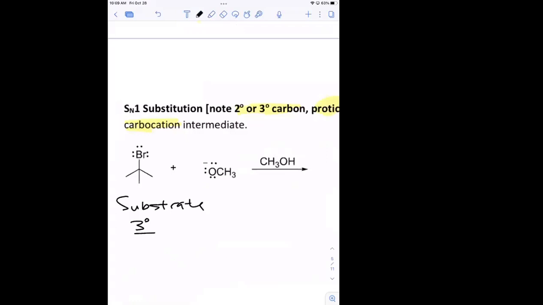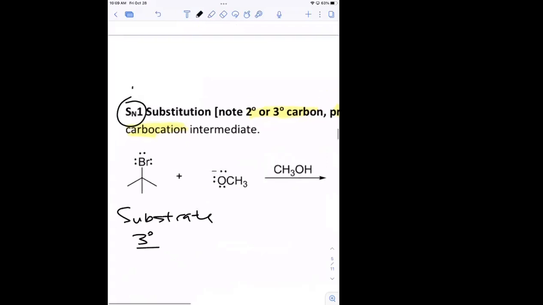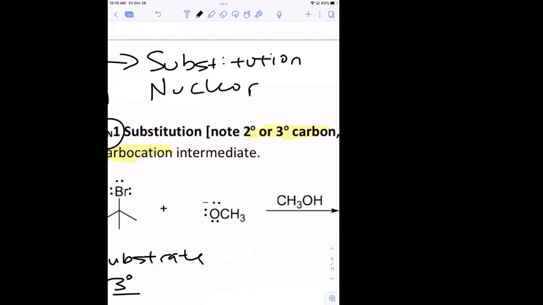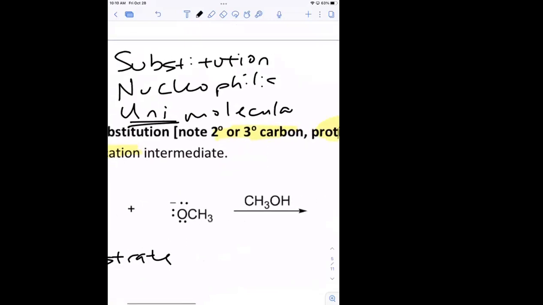So SN1 is substitution, nucleophilic, unimolecular. What does that mean? When I say unimolecular as opposed to bimolecular, what does that mean?